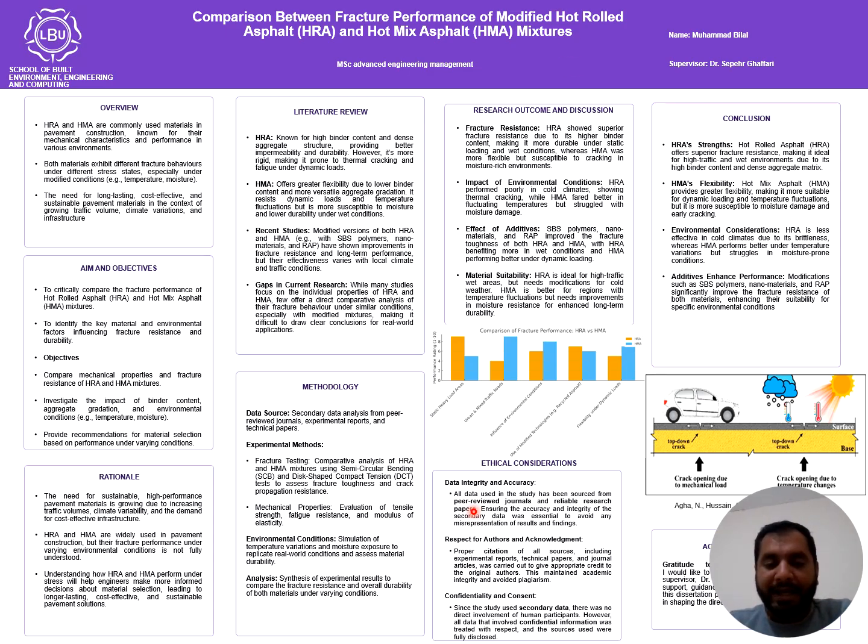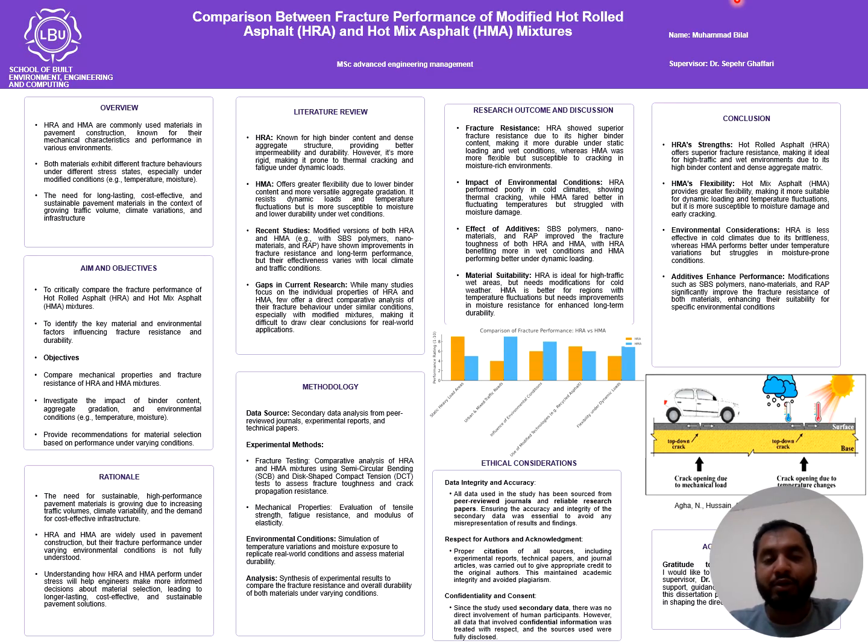Moving on to the ethical considerations. In terms of ethical considerations, this study ensures data integrity and accuracy by only using peer-reviewed and reliable sources, avoiding any misrepresentation of results.